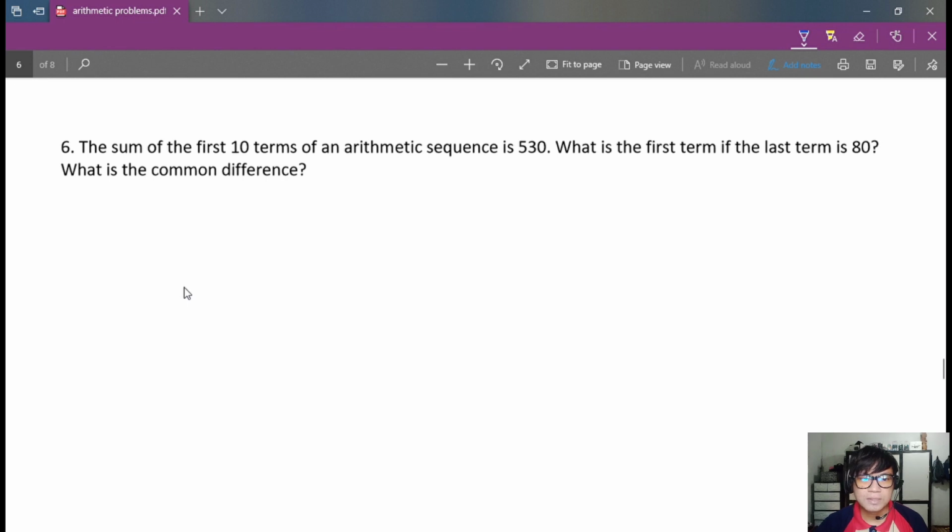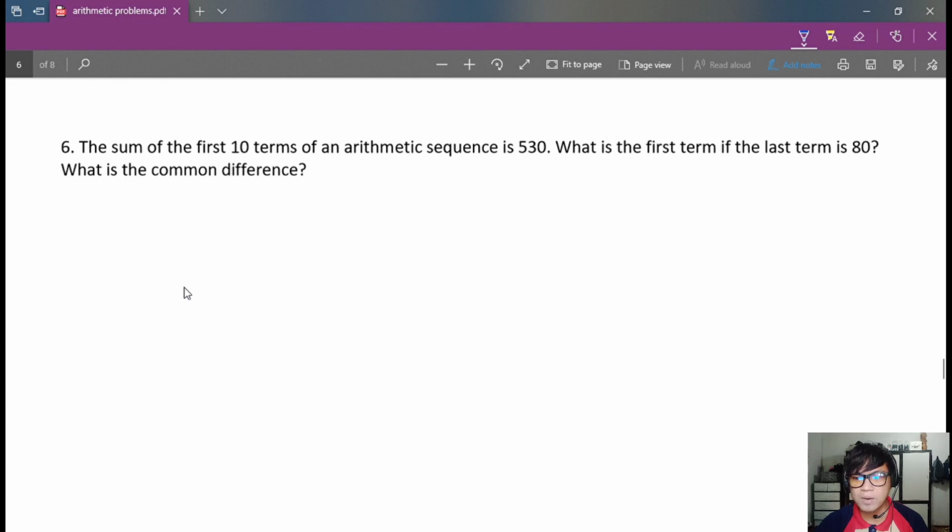So, ngayon naman about the sum. So, the sum of the first 10 terms of an arithmetic sequence is 530. What is the first term if the last term is 80?